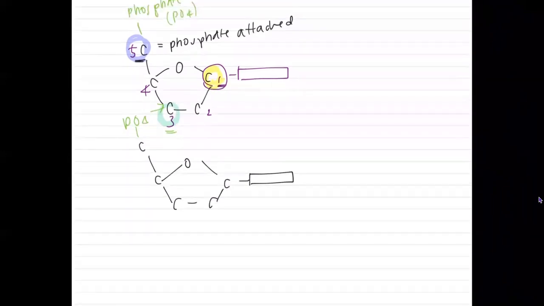So the C5 is where PO4 is attached, and C3 is where PO4 is received.